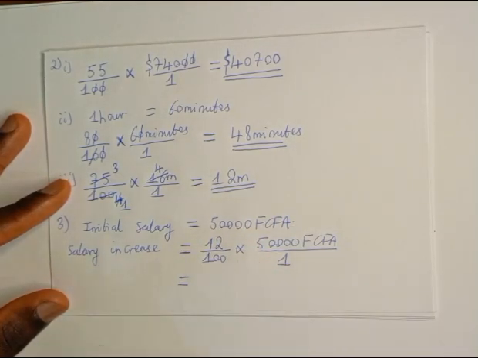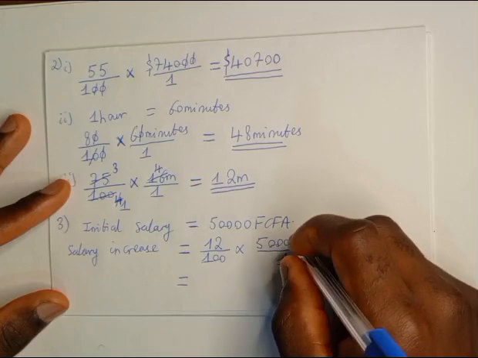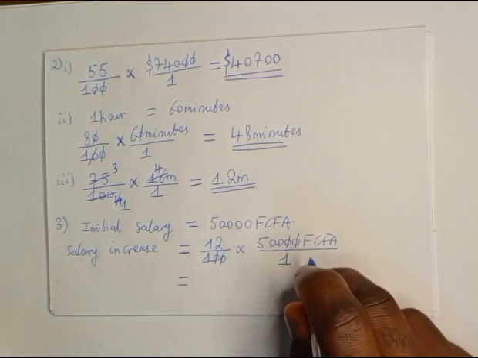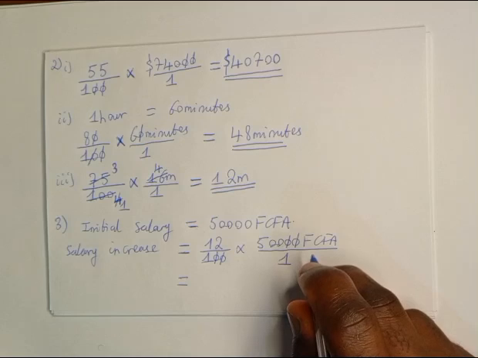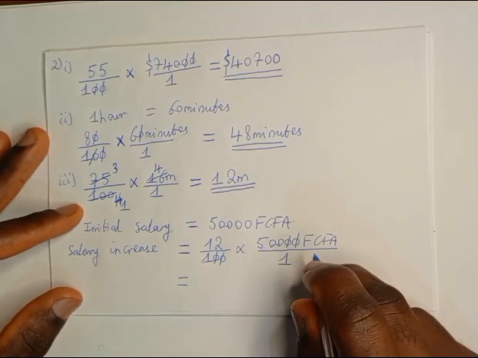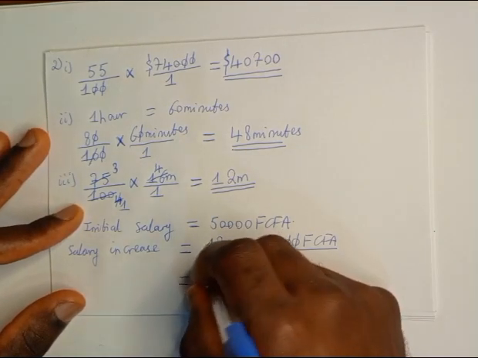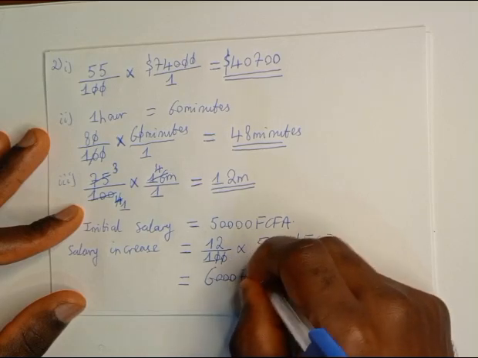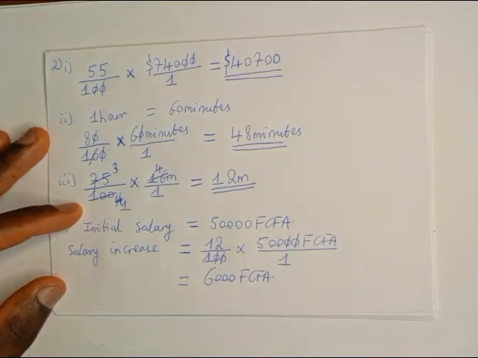This will simply be equal to, if you simplify, 100 will go into 50,000 500 times. We'll be left with 12 times 500. 12 times 500 gives us 6,000. Then we attach the francs CFA. So this is the salary increase she receives.